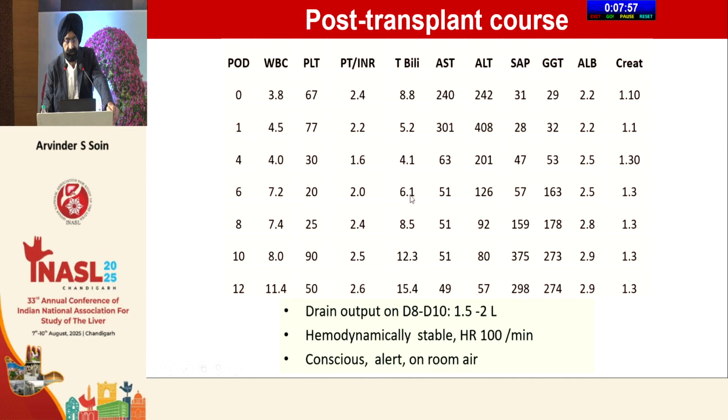And then around day 6, it started rising. And then it went higher and higher. And by day 12, it had reached 15. And the INR initially was high, and then it fell to 1.6, and then it started rising, and it became around 2.5, 2.6 on day 10 and 12. So obviously, this person is having some kind of allograft dysfunction.